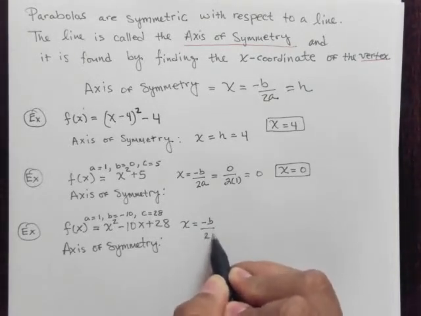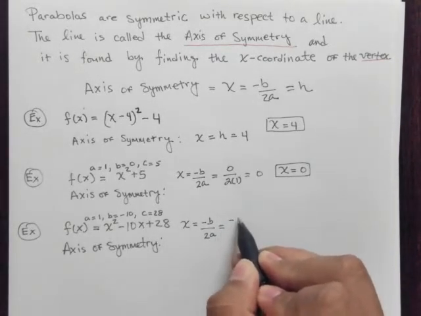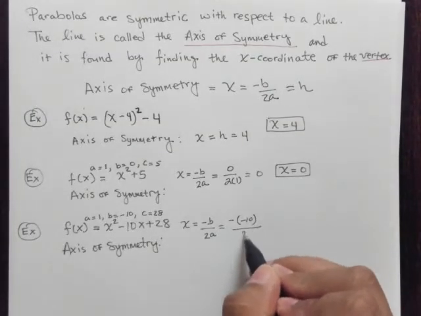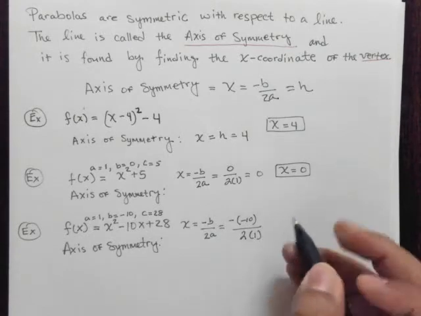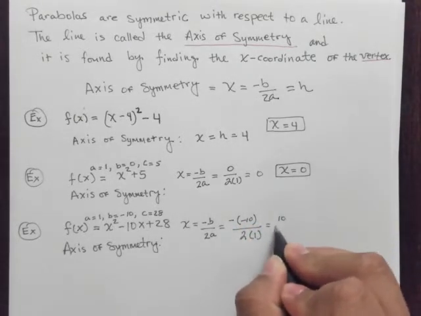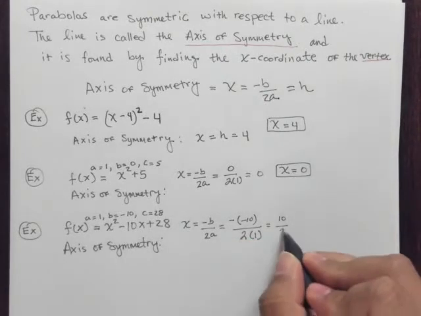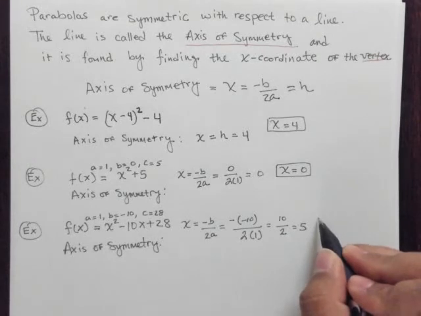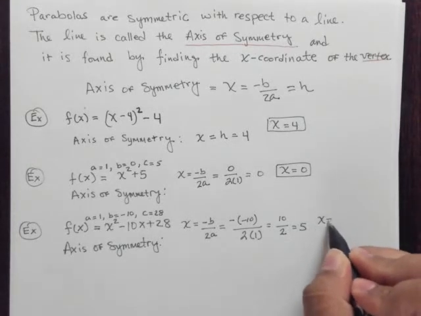So opposite b over 2a: the opposite of negative 10 is positive 10, divided by 2 times 1, which is 2, which is 5. So the axis of symmetry here is x equals 5.